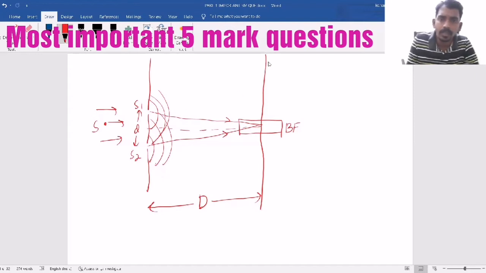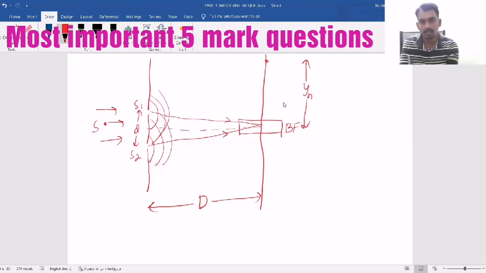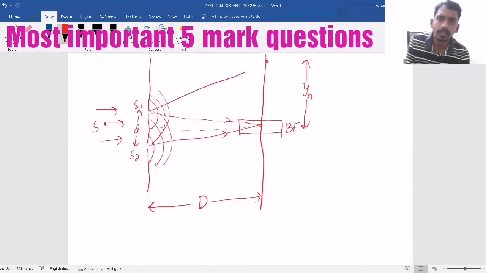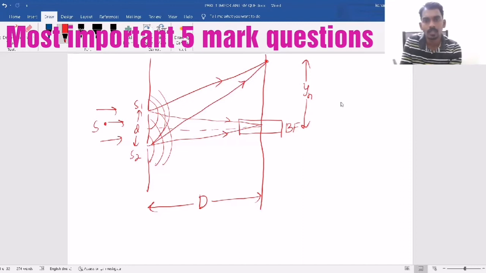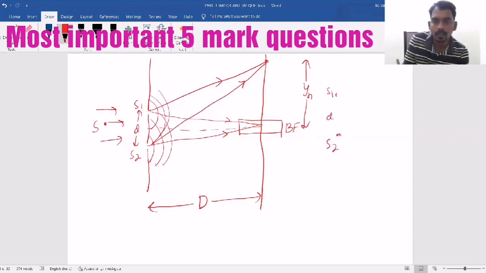Now, in a similar way, when you consider any point on the screen at a distance, let's take yn, from the central fringe or from the center of the screen. One light ray passes from the source S1, another will travel from S2. So here, see, this is S1, this is S2, and this is the distance between them, d, and there is a point now like this.